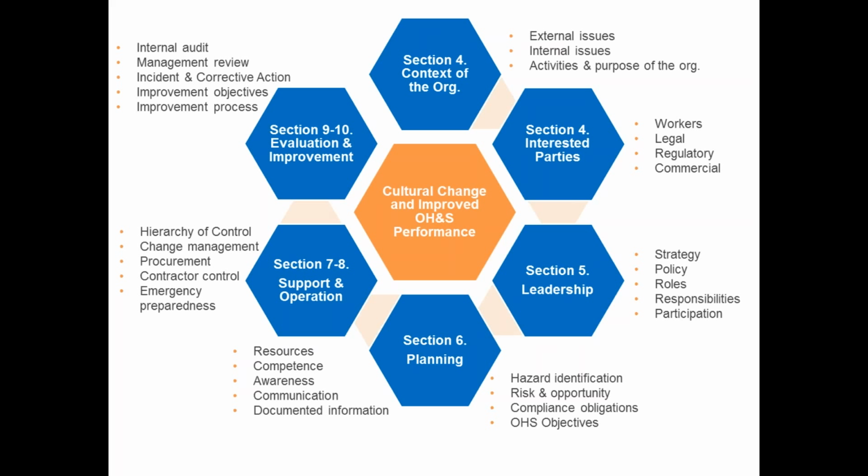So there's one for environment, one for quality, one for occupational health and safety, and they can be added to with others for information security, etc. 27001. So it joins a suite of management standards that can be used by organisations to help them deliver business benefit and have a structured approach to their system.